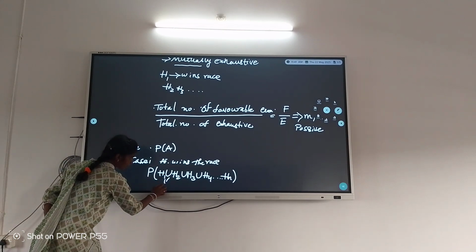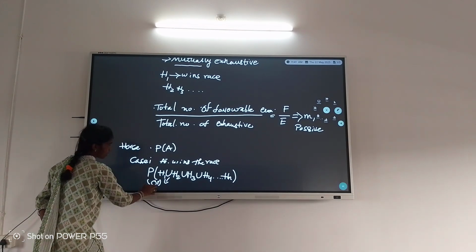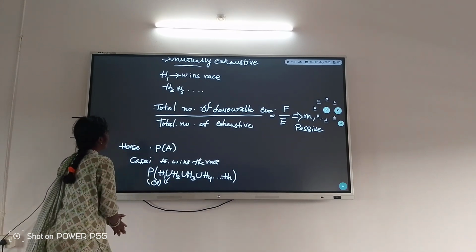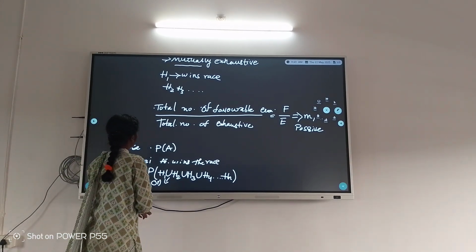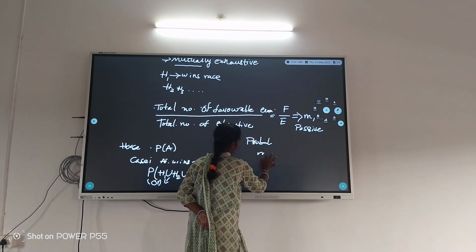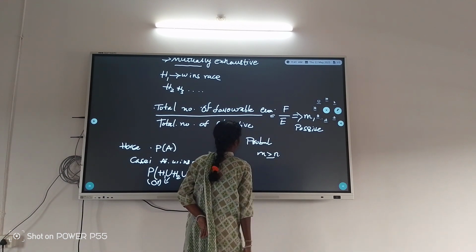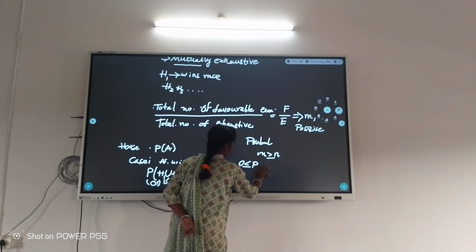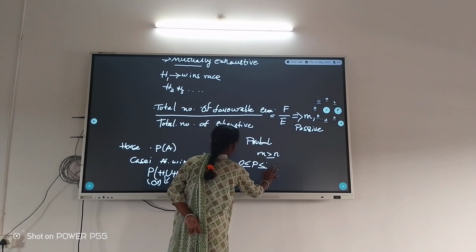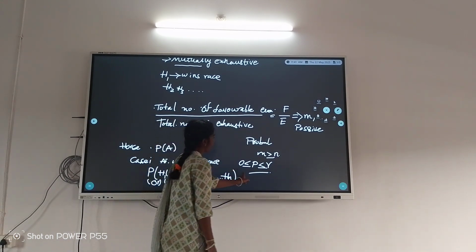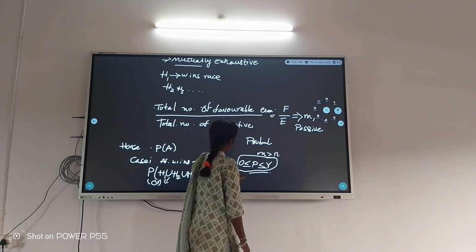Here union is nothing but or: H1 or H2 or H3 like that. Probability is always greater than or equal to 0 and not greater than 1. We follow this main condition in the probability concept.